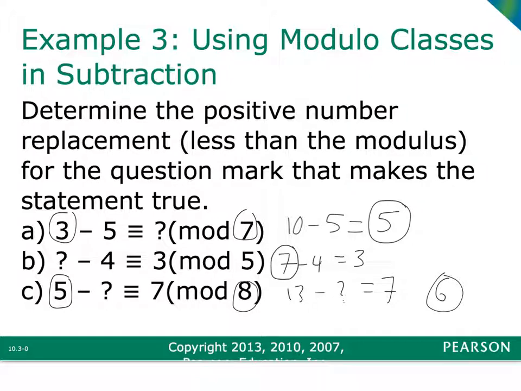We figure that out by dividing by 5 and looking at the remainder. Our remainder is 2. So we had to use 7 because we know 7 minus 4 gives us 3, but 7 can't be in this thing, so we divide by 5 and look at the remainder. So we get 2 for B.